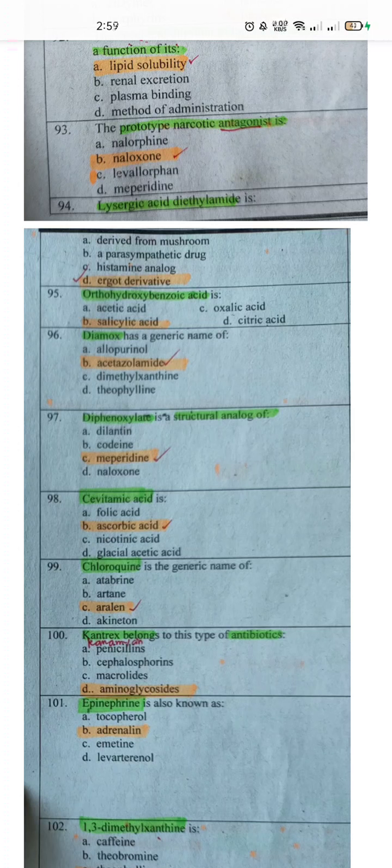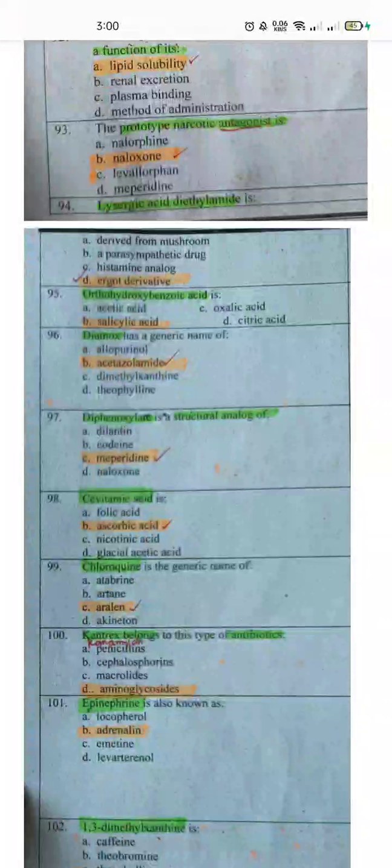Your artane is the brand name of trihexyphenidyl HCl. Your Aralen is the brand name for chloroquine phosphate, and your acineton is the brand name for piperidine. Let's repeat. Your atabrine is the brand name of quinacrine. Your artane is the brand name of trihexyphenidyl hydrochloride. Your Aralen is the brand name of chloroquine phosphate, and your acineton is the brand name for piperidine.